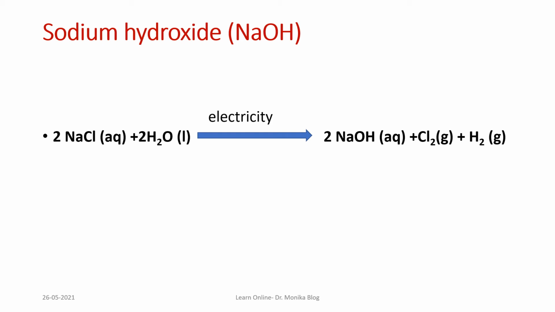The chlorine gas is liberated at the anode and hydrogen gas is liberated at the cathode electrode, and formation of sodium hydroxide takes place near the cathode. So this is how sodium hydroxide formation takes place.